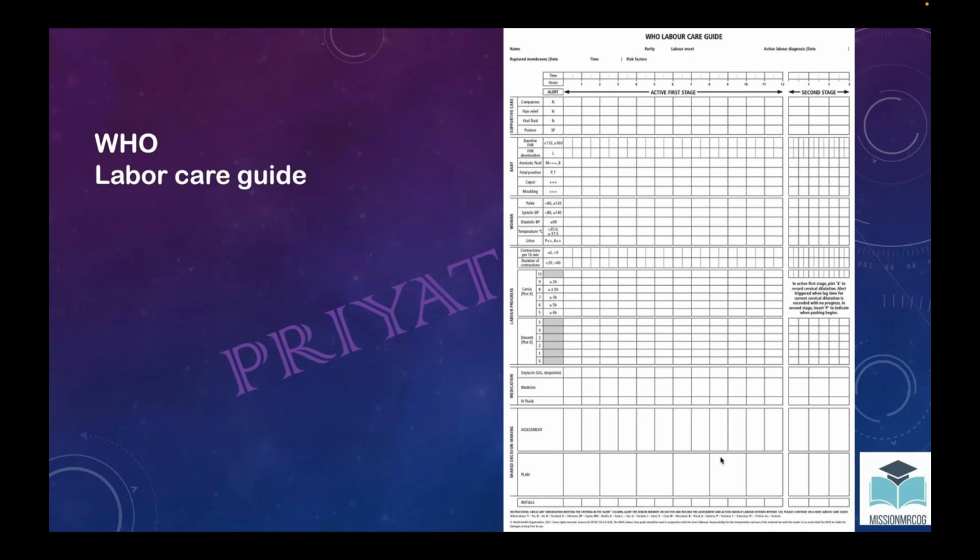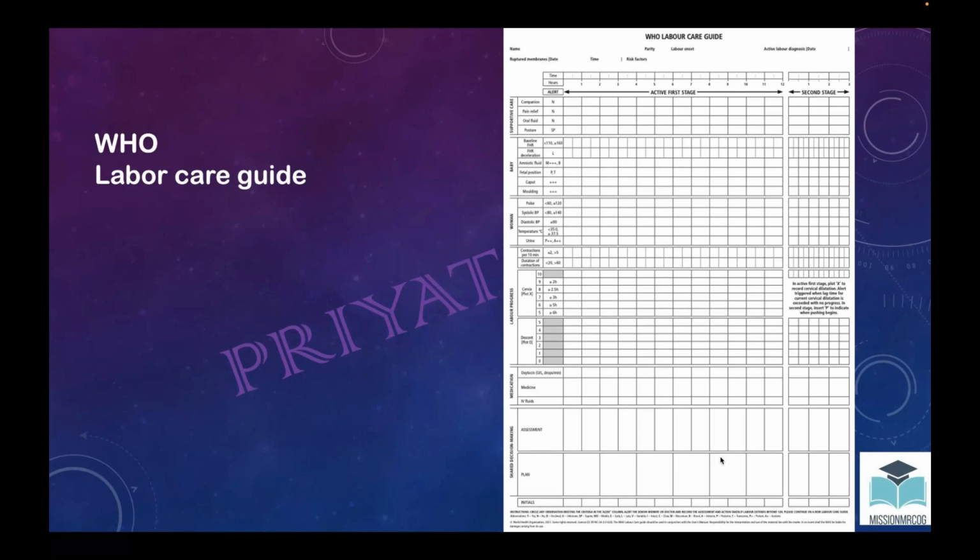What we want to do is avoid premature diagnosis of the active first stage of labor, because every woman's assessment is different and every woman has a different progress in labor. So we want to avoid a premature diagnosis of the first stage of labor. That's why we are starting it at 5 centimeter.